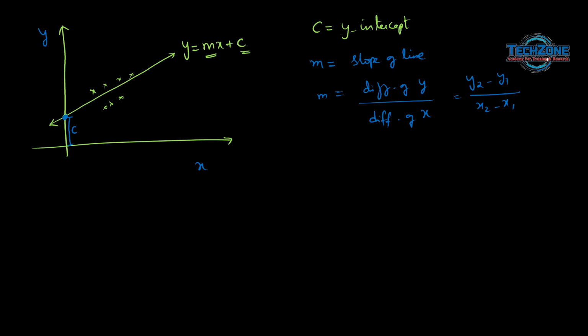The slope of this straight line is its steepness, the slope of y is equal to mx plus c. Now what is the value of x? x is the input value, y is the predicted value.